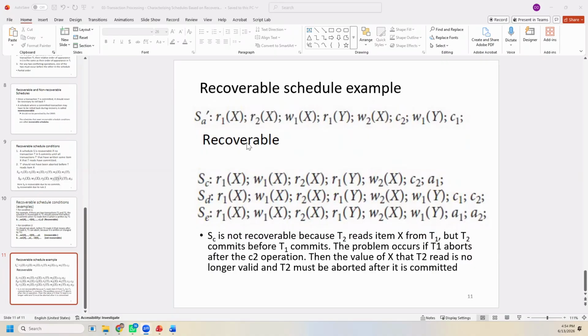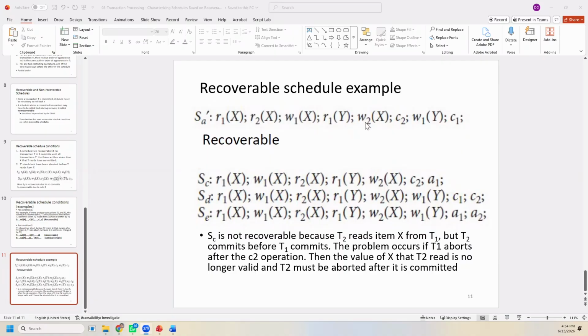This SA dash is recoverable because here R1X, R2X, W1X, R2Y, W2X, C2. C2 means transaction 2 is committing before transaction 1, right?